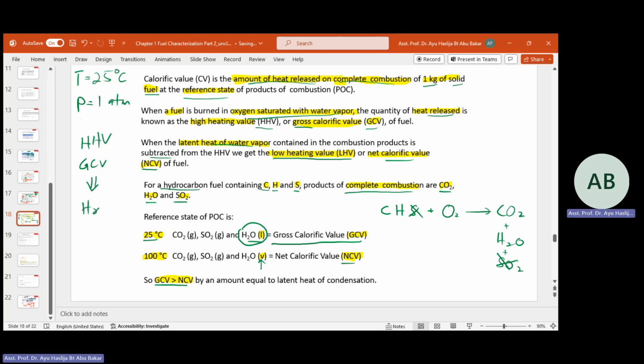When we subtract the liquid phase H2O, we get LHV and NCV, H2O in vapor phase.